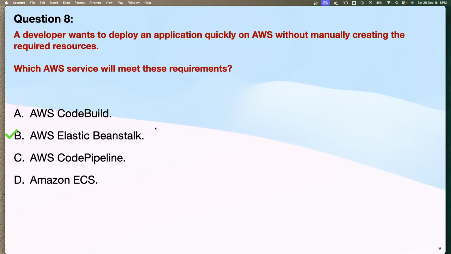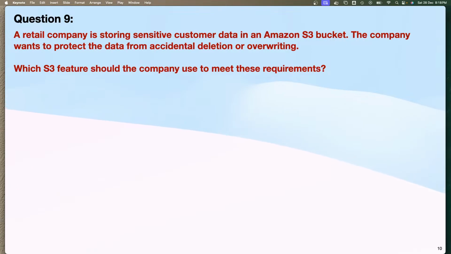Moving on to question number 9: a retail company is storing sensitive customer data in an Amazon S3 bucket. The company wants to protect the data from accidental deletion or overwriting. What S3 feature should the company use to meet these requirements? In this question, they are looking for you to understand the S3 bucket features.